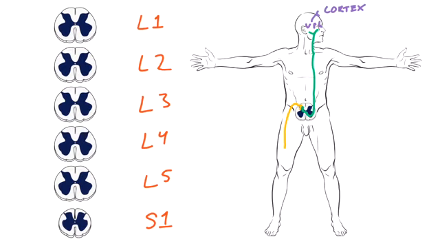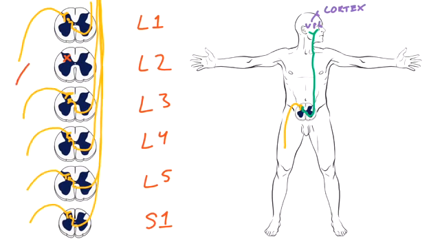So if damage is to the posterior horn of L2, right here in the gray matter, that would leave signals from L1 up and L3 down unaffected. As we can see, the nerve will come in, synapse, and come up just fine. This is the same for every single level from L3 down to S1.